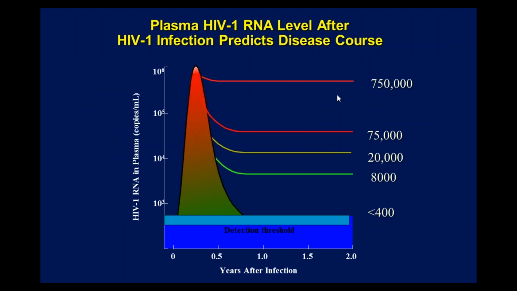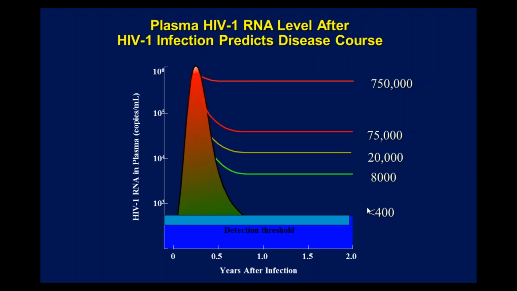And typically what we do is it gets standardized to the amount of virus per ml, and anything less than 40 is considered undetectable. We'll get to that in a minute. And then it goes up in a logarithmic fashion. Now, one of the things that's become very clear is that the amount of virus in people's blood predicts how fast they'll have disease.